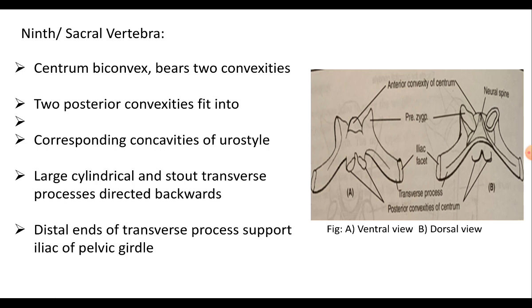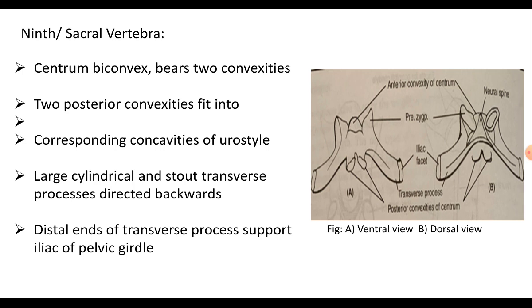and the centrum bears two posterior convexities that fit into the anterior convexities of the urostyle, that is, the succeeding vertebra.